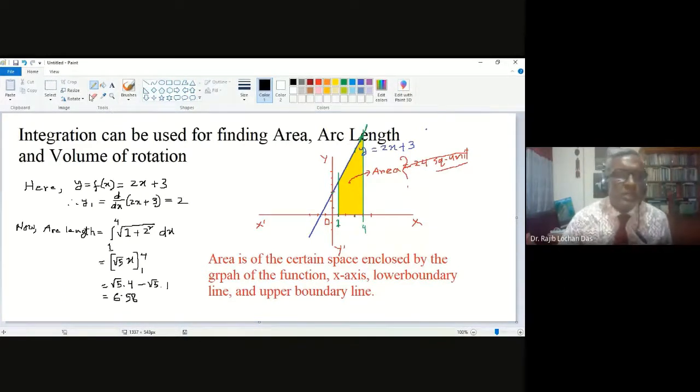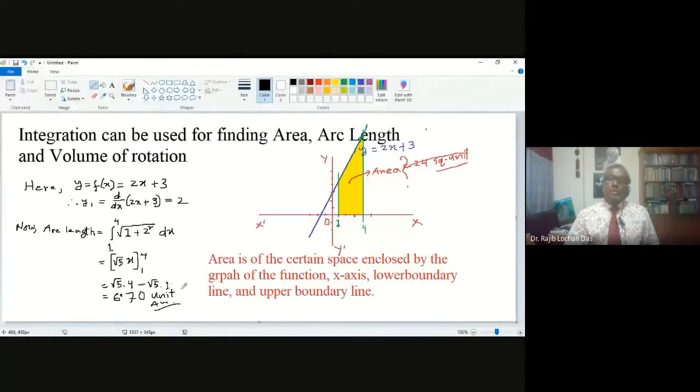So let me just write it down. 6.70, this is the answer. This is the arc length. Now try to understand what that actually means. So what will be the unit for this? Is it centimeter or centimeter square? It is not square, this is not an area. It is just centimeter, or just inches, or just foot.